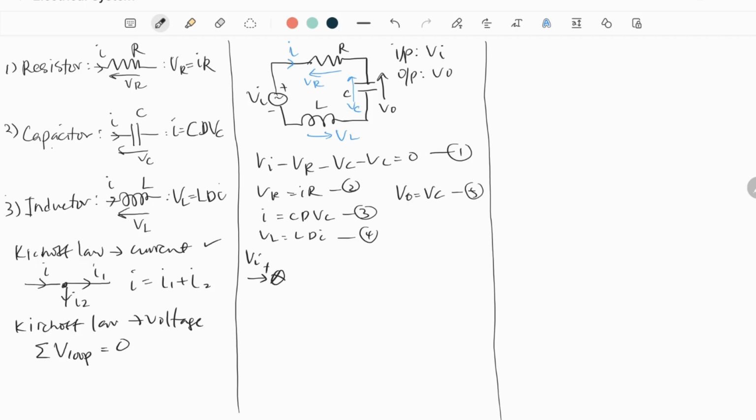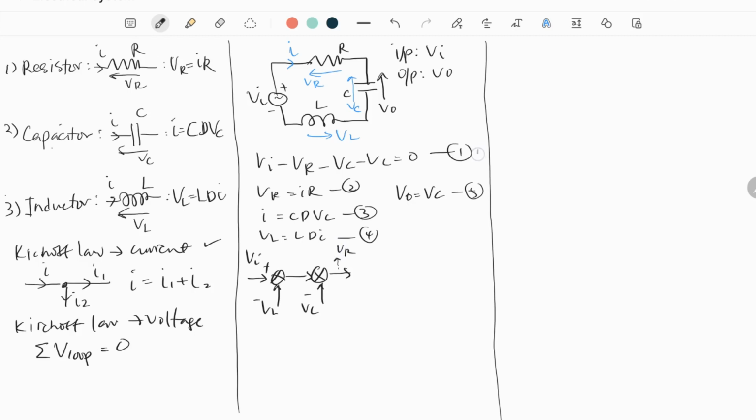In this case, I started with minus VL, again minus VC, and then the result, the output, is VR. So VI minus VL minus VC equals VR.